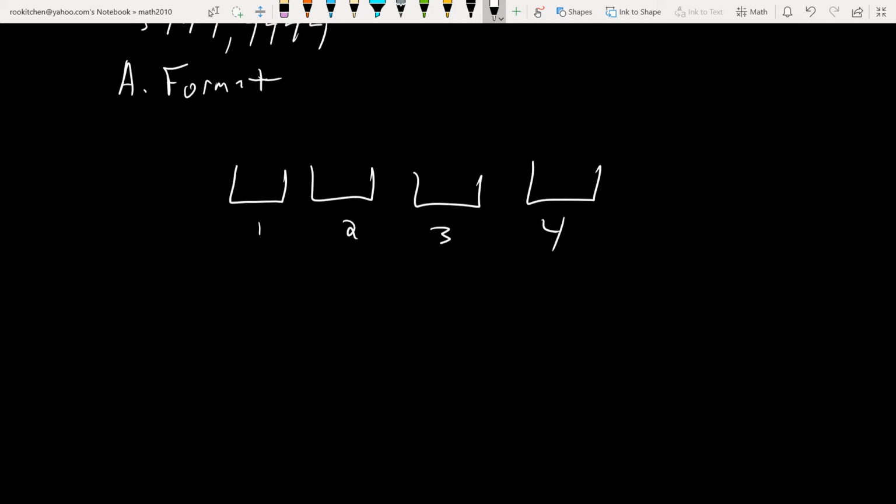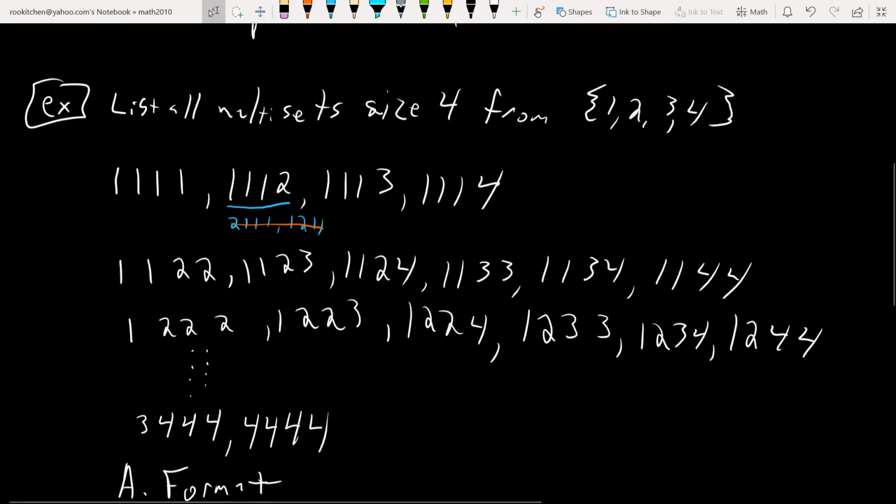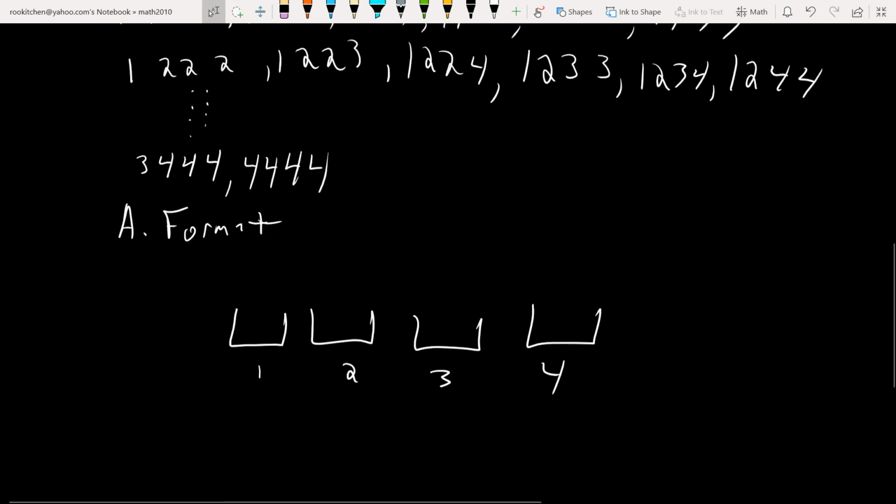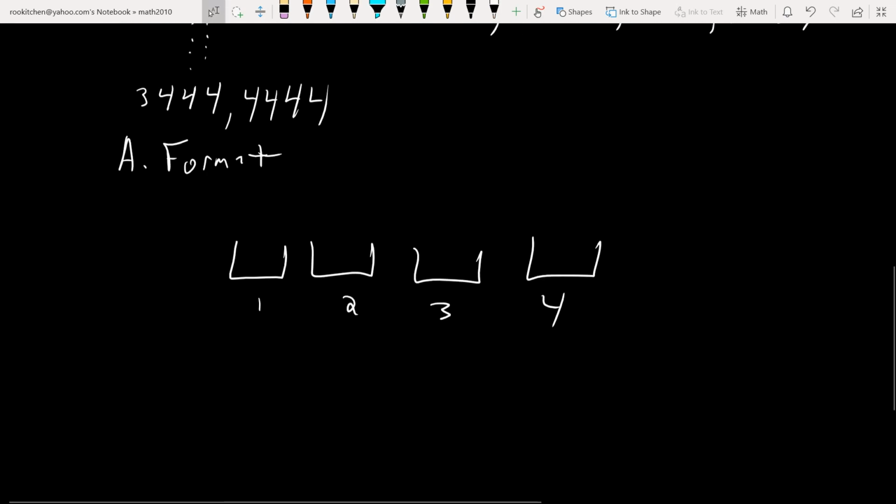Every time you list a number, you're putting x's inside these buckets. So the number 1111 is just this. That would equal 1111.